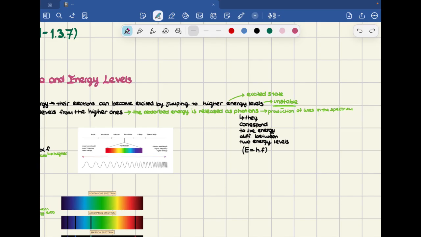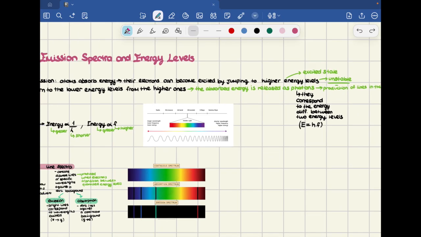So let's say that an electron returned back to its ground state from the second main energy level to the first energy level. So this is the ground state and this is the excited state. The energy difference between them will correspond to the energy, and we can calculate the frequency with this equation, as it's also given in the formula booklet.